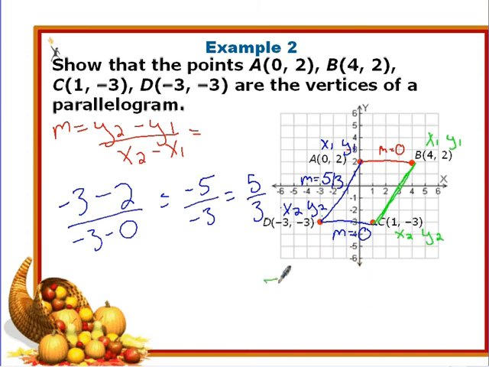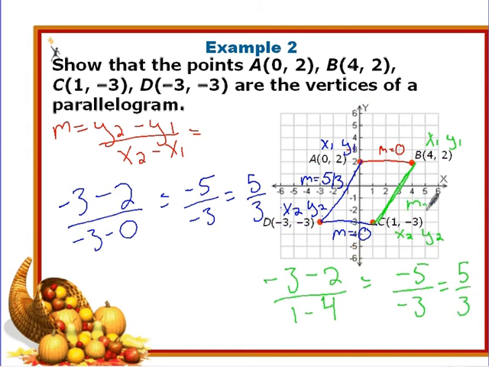So y2, -3 minus y1, 2 over x2, 1 minus x1, 4. -3 minus 2 is -5. 1 minus 4 is -3. -5 divided by -3, negative divided by a negative is a positive, so that's 5/3. So this slope is 5/3. Good.